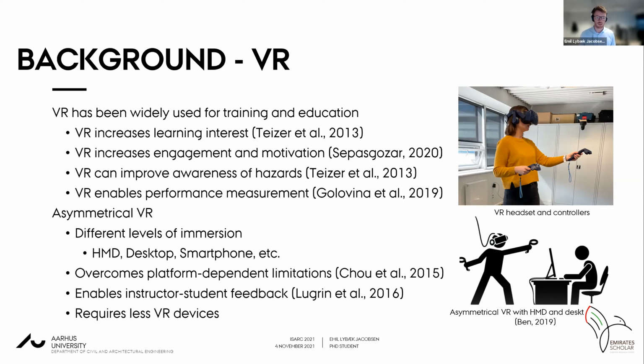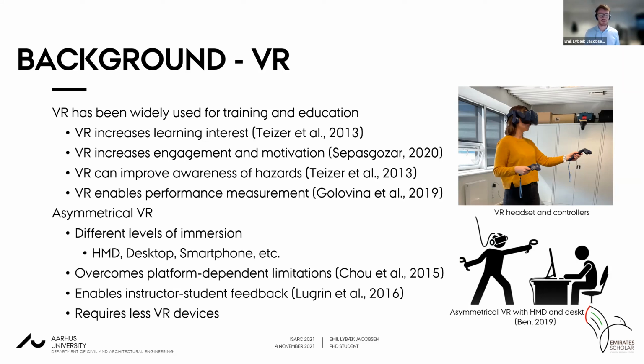If we then look into asymmetrical VR, which is a subcategory of VR, it allows us to use different levels of immersion. A player can be within the VR environment with a head-mounted display, but someone could also join using a desktop computer or even a smartphone. This overcomes some of the platform-dependent limitations, as stated by Chow et al. in 15.